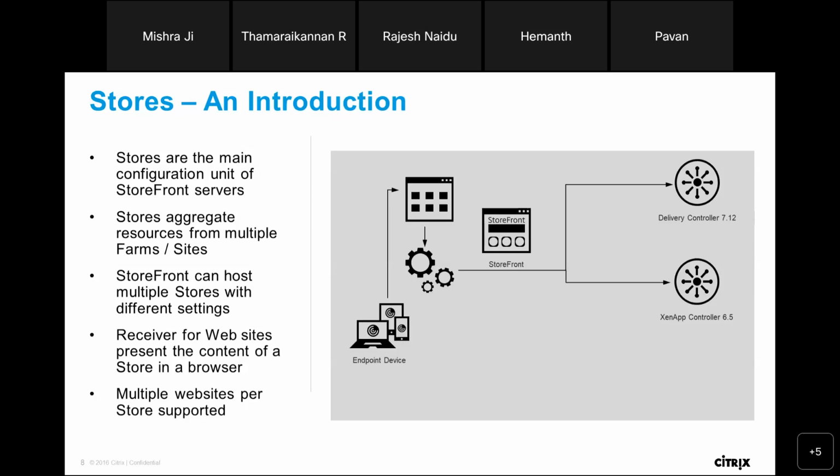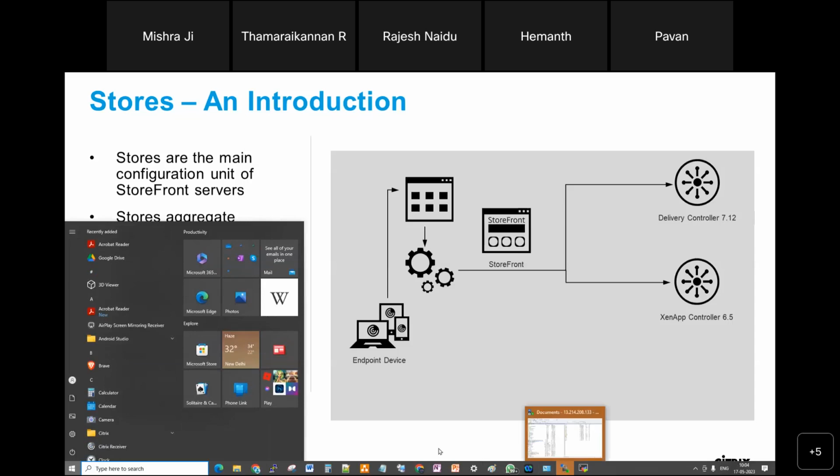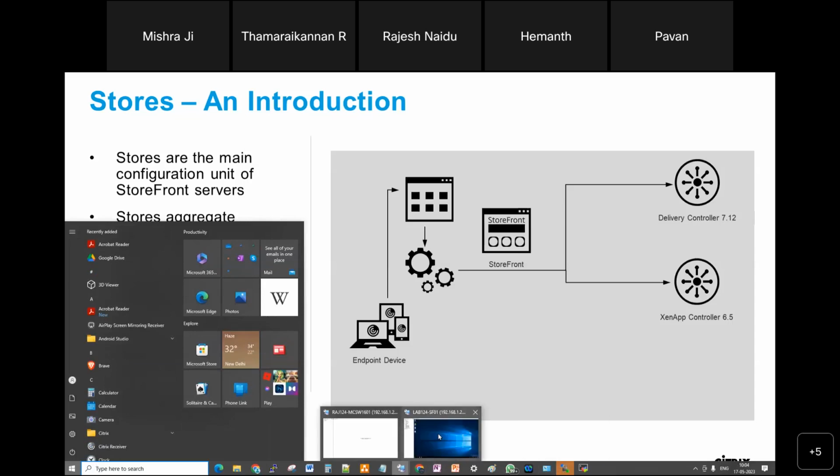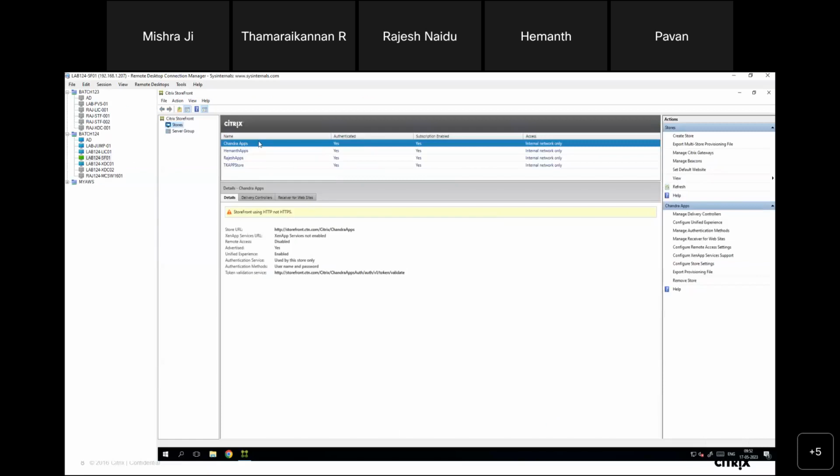So this is the main configuration. Let's go ahead in the Citrix StoreFront server. Right now, I'm in the StoreFront console. Here multiple stores are created. You can see what settings are configured in one store. If you want the same configuration, another store can be configured the same way; otherwise, different configurations can also be done.